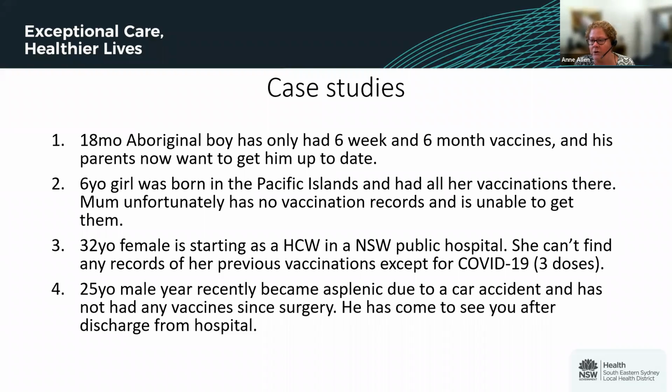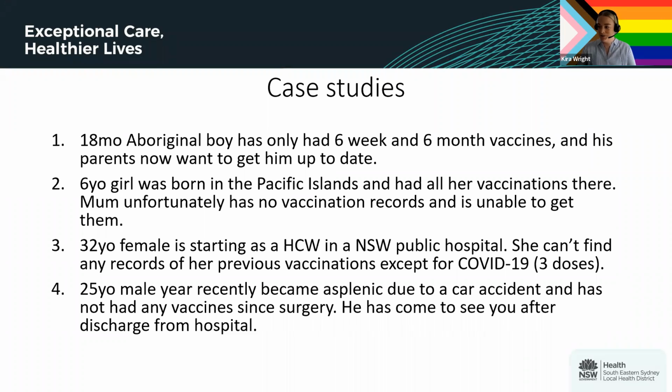There's a 32-year-old female who's starting as a healthcare worker in New South Wales public hospitals. She can't find any records of her previous vaccinations except for the 3 doses of COVID. And a 25-year-old male recently became asplenic due to a car accident and has not had any vaccines since surgery.